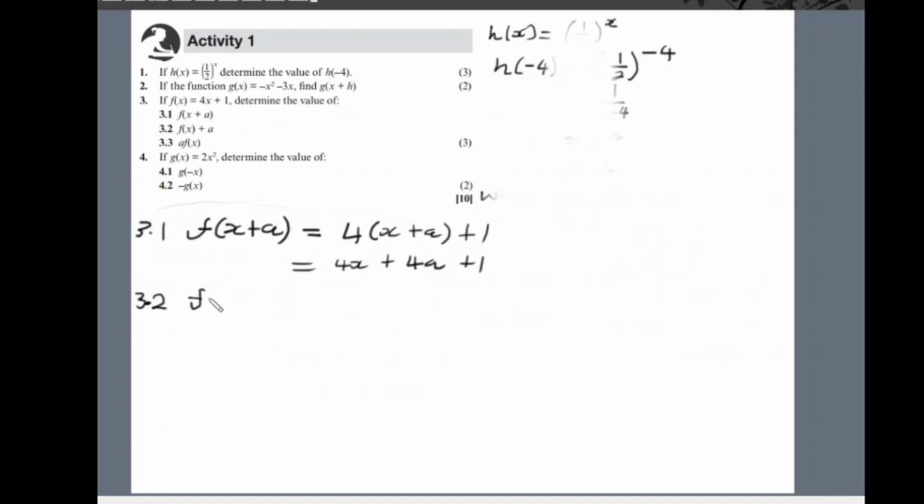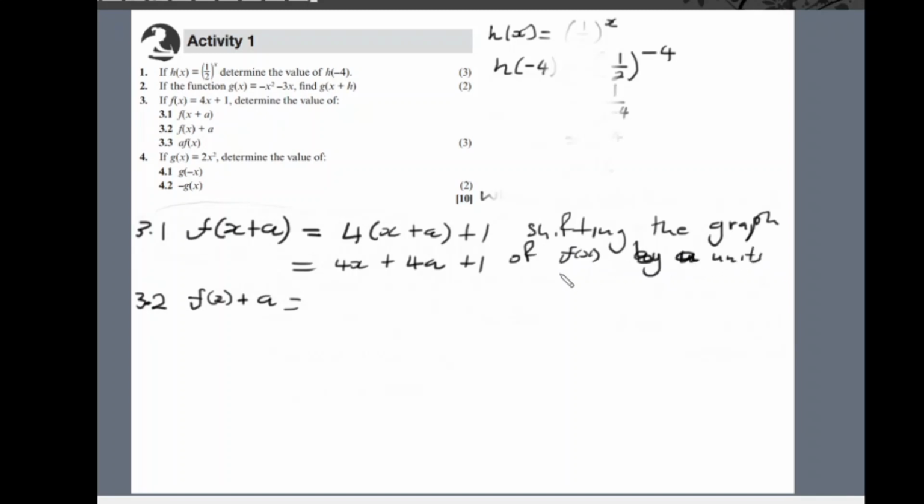And then 3.2, f of x plus a. In 3.1, we are shifting the graph of f of x by a units horizontally, right?